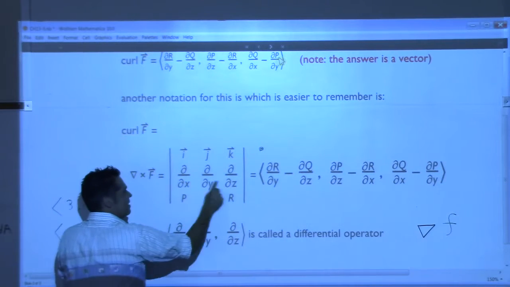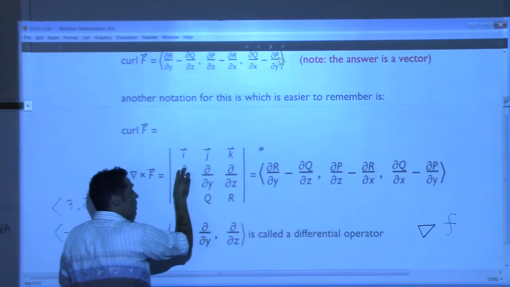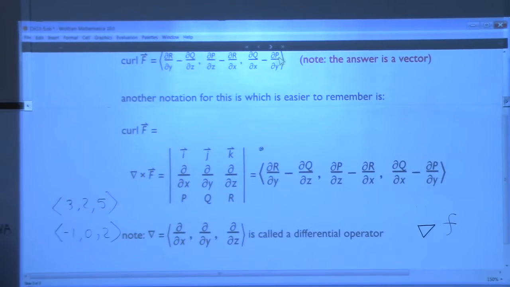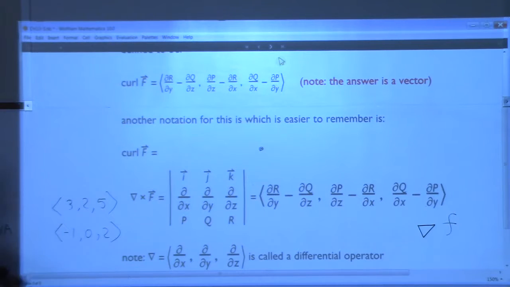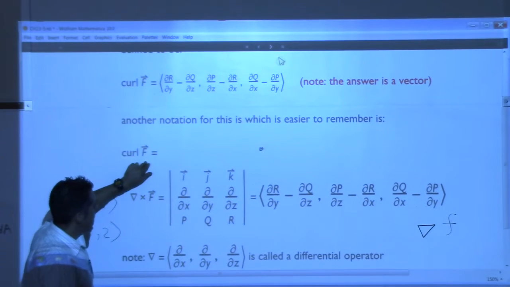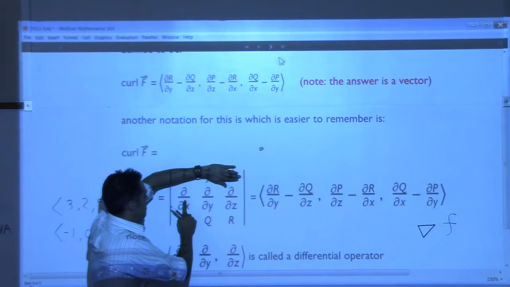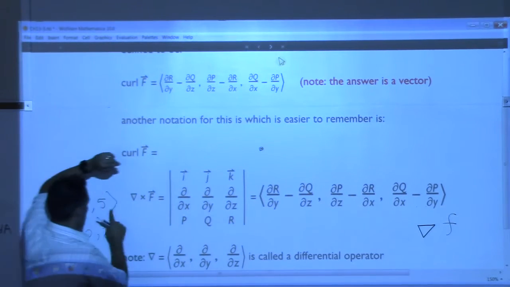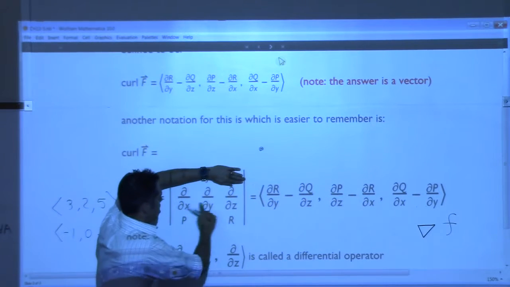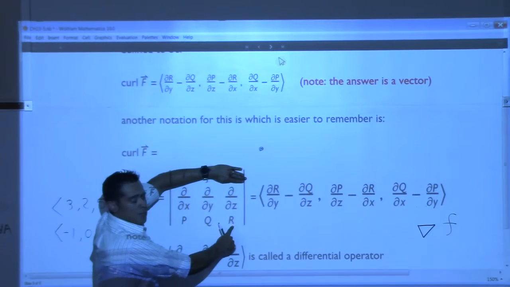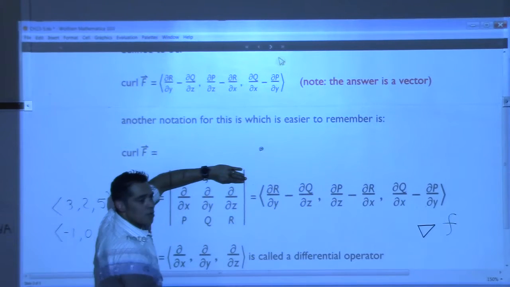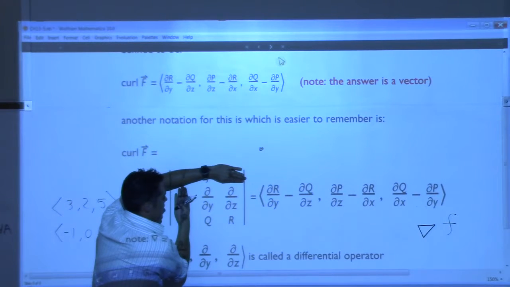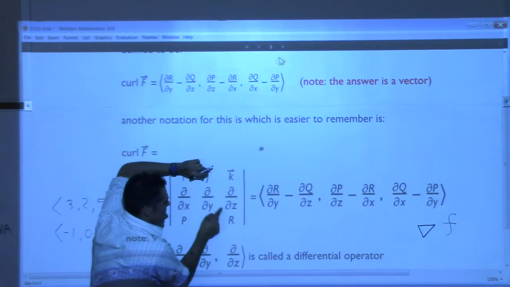So this is weird because this is an operation. So it's telling you, let me try and move that down, it's too high. If you want to find the curl of a vector field, what you do is you write down the partial with respect to x, partial with respect to y, partial with respect to z. That's your gradient, okay? You put that here, and then underneath it you put your field, PQR. And then you start doing your cross product. Okay, so you cover this up, and it's no longer this times this.